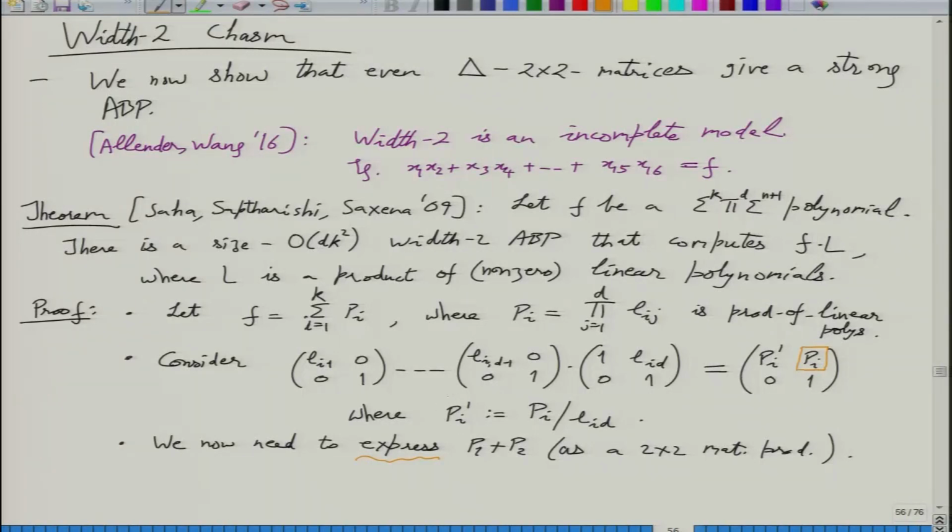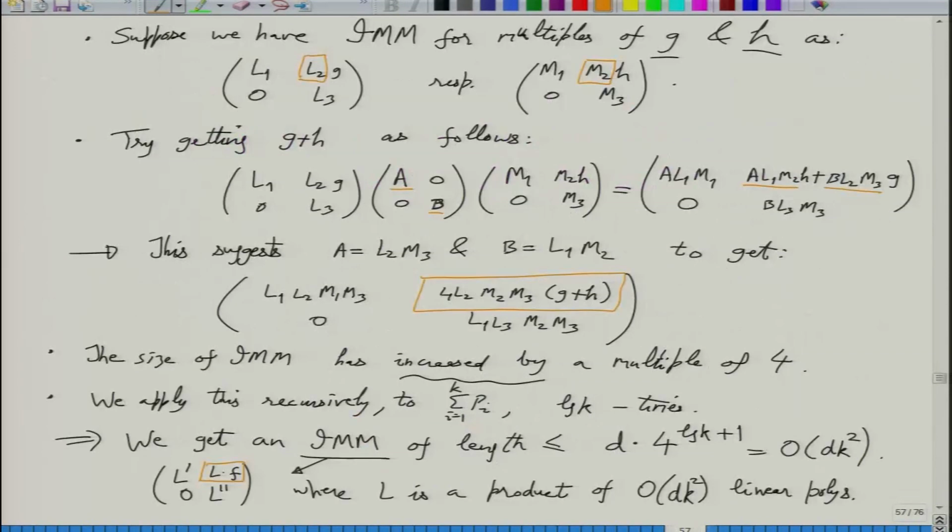Pi prime has these linear factors which appear in Pi prime, and Pi has these linear factors which appear in the sigma pi representation. These are the things which you are multiplying in a systematic way. So that gives you the multiple. So that's the full proof.